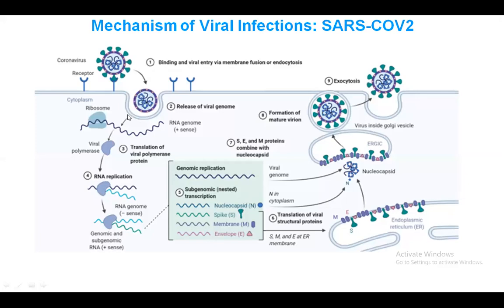Once it gets endocytosed by the cell, the virus starts releasing its viral genome. On releasing the viral genome, there is translation of viral proteins, including the viral polymerase protein, that results in RNA replication from these viral genomes.